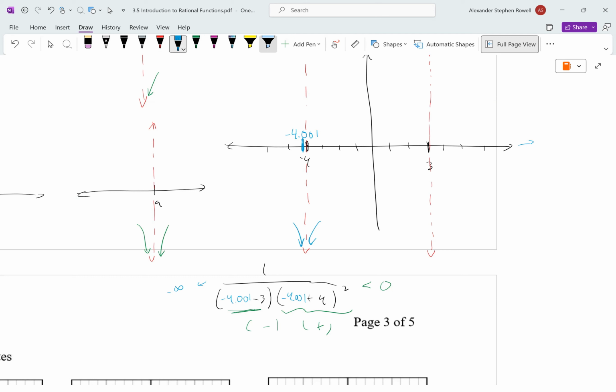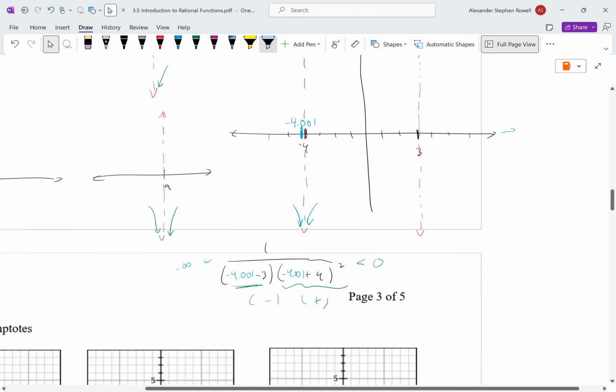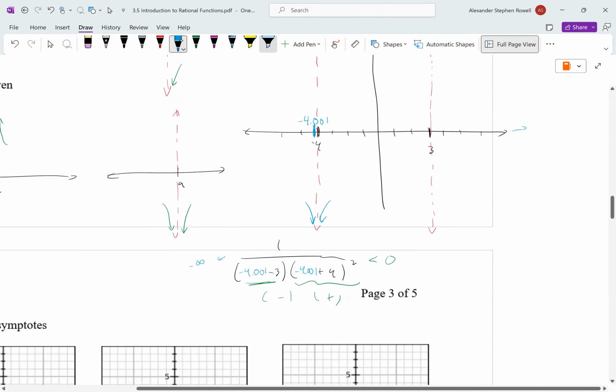Plugging in a value near -4 will work for you for your problems. Unless, what if I had another vertical asymptote near -4? Then it wouldn't work for you. At some point, it would be really nice if you got used to this notation, -4, but slightly less than -4.